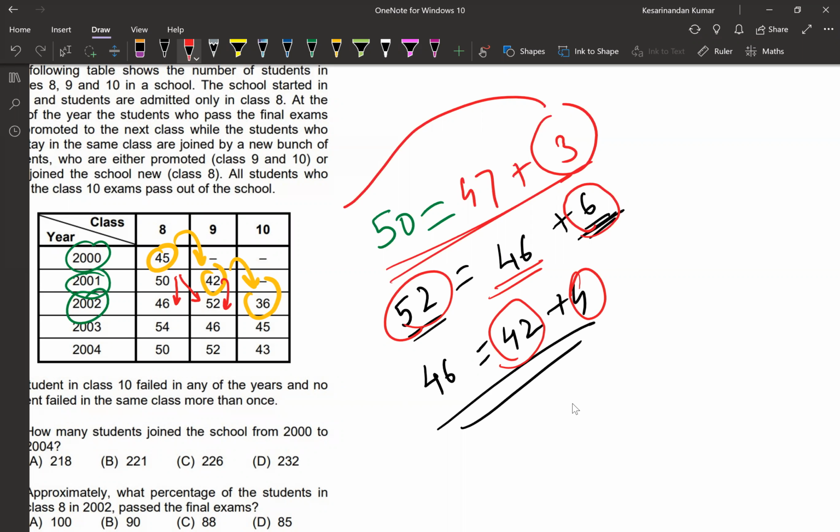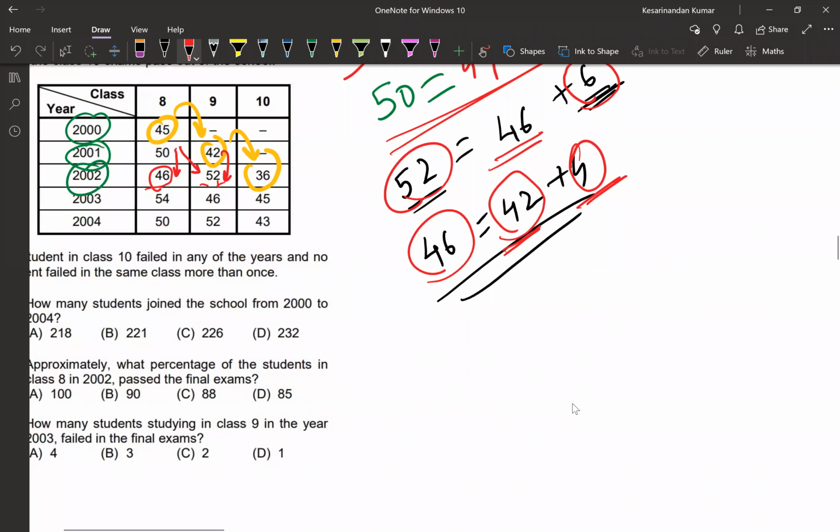So basically every number you have to break up between the new joinees and the failures. New joinees will only be here. For 9th and 10th standard, you will have the promoted plus the failures. Got it? Once you break up for all the years, your part is done basically. That's it. This is all the question is about.